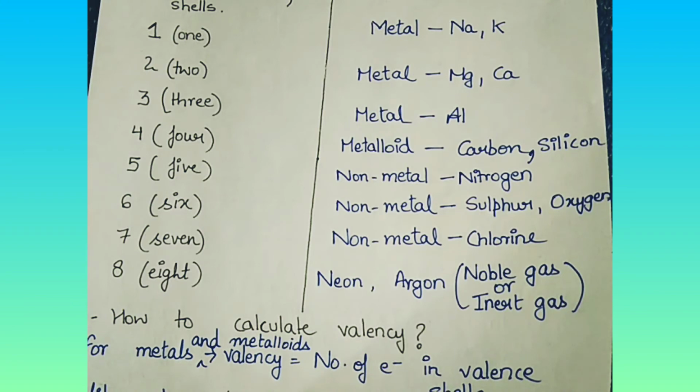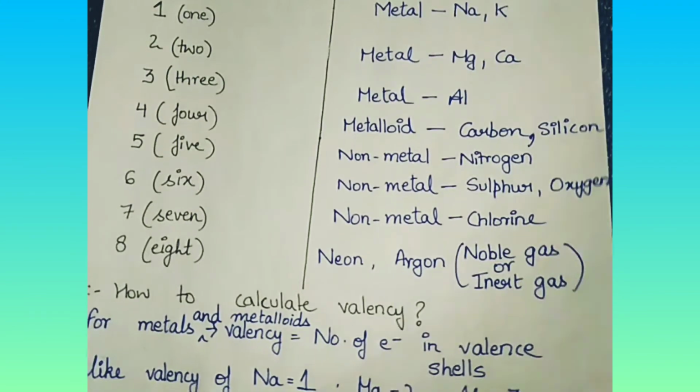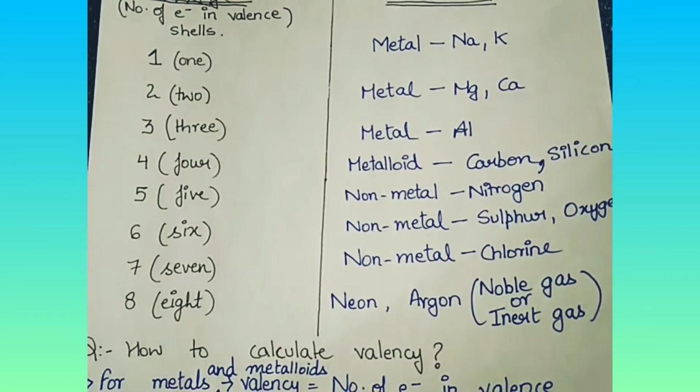Example, neon or argon. So, if it has 1, 2, 3, then it is a metal. If the valence electrons are 4, then it is a metalloid, and if the valence electrons are 5, 6, 7, then they are non-metal, and if 8, they are noble gas or inert gas.